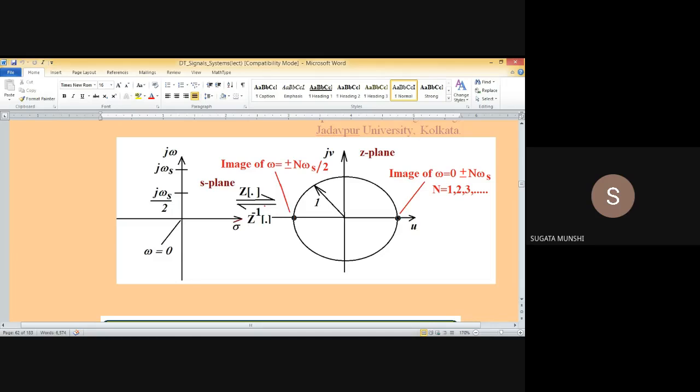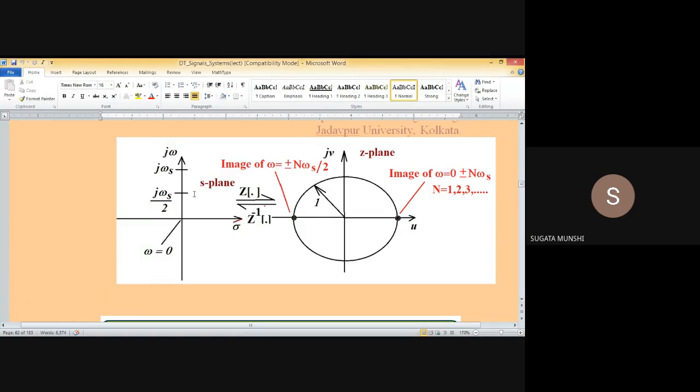What will happen as you reach this point, j omega is by 2? Where will you reach along the circumference of the unit circle?